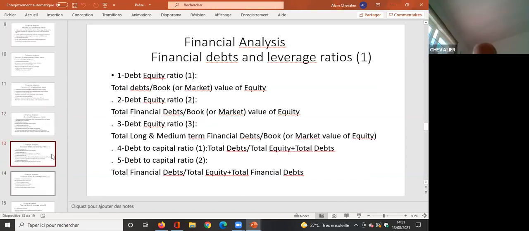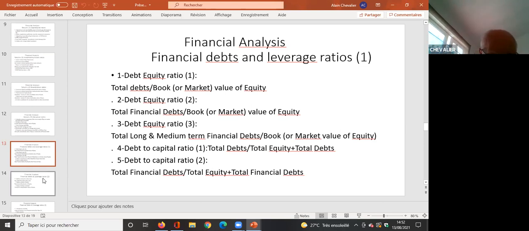So number 13, we start with something different here. We went through operations, we went through shareholders and these valuation ratios, which are very close to shareholders. Now we have to give a brief survey on financial debts and leverage ratios. It is interesting because it is very central.